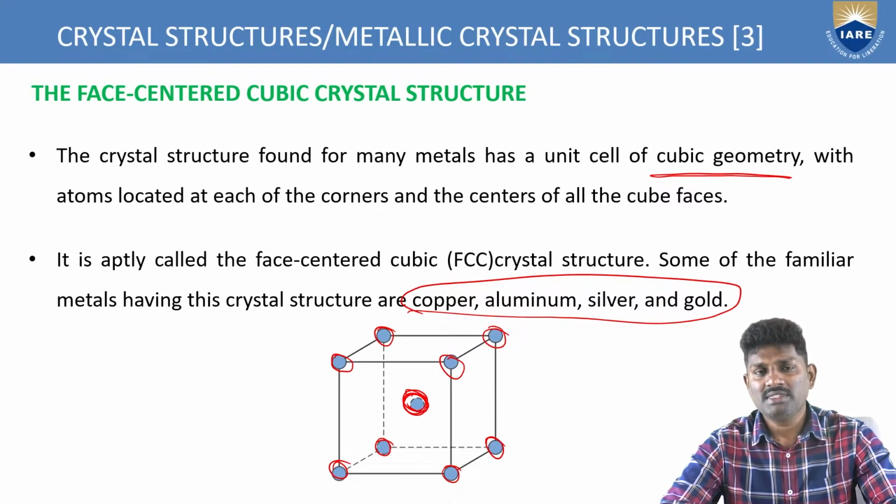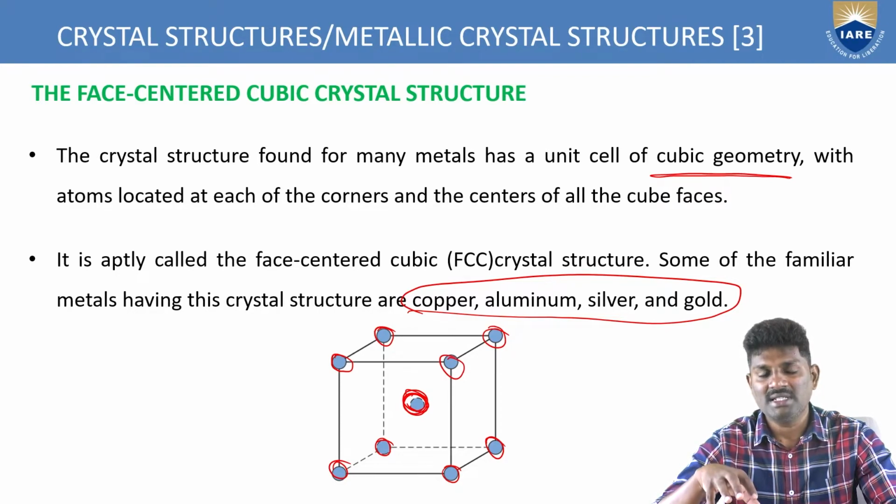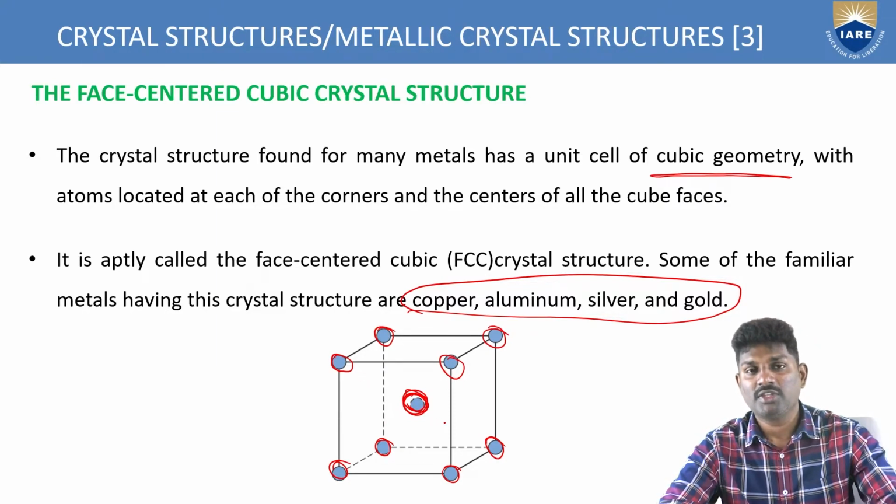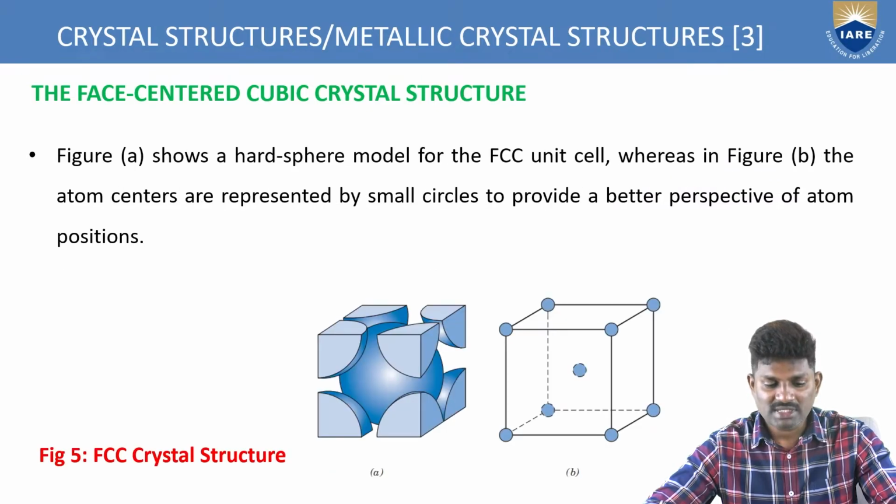If we see the complete crystal structure of these four metallic materials, they have the FCC, which has a cube geometry, and all the corners are bonded with atoms, and at the center of each face you also have an atom arranged.